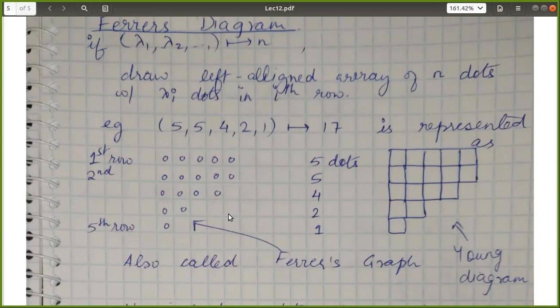Again, a lambda corresponding to 17 in this case. For instance, here, when I started from here, it was 5, 5, 4, 2, 1. If I do it this way, it's going to be 5, 4, 3, 3, 2, right?